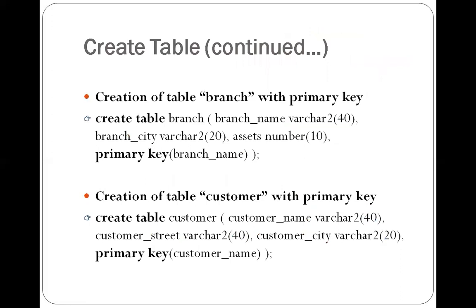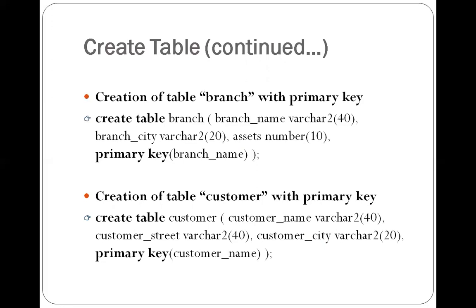next, we have told that every table must have a primary key to uniquely identify the records of that table. That means we have to specify the primary key also.